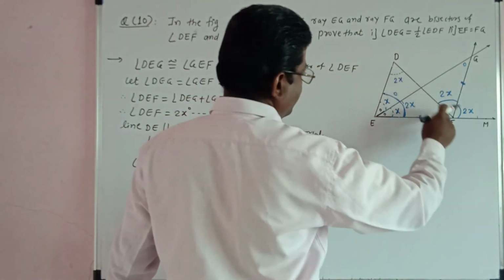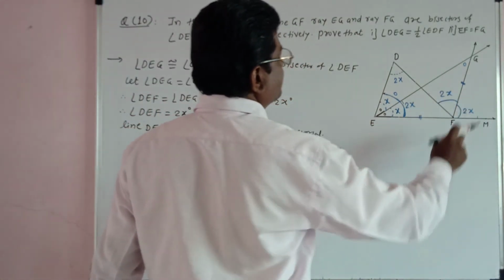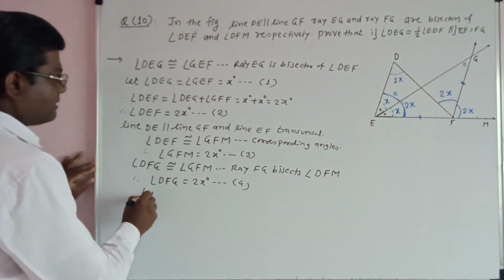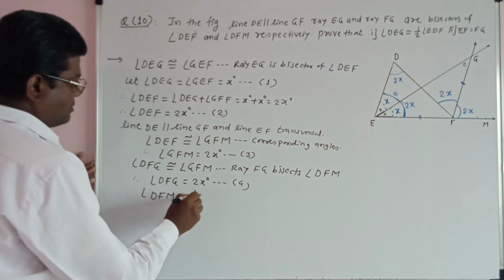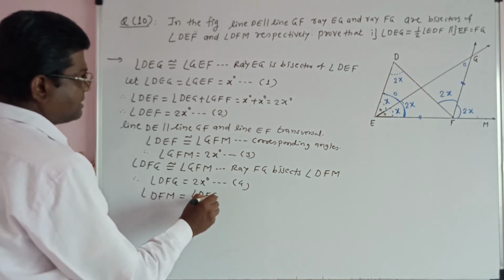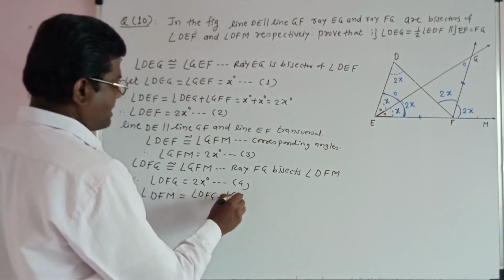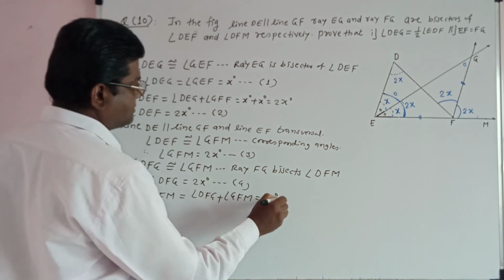Now the whole angle DFM is equal to 2x plus 2x, that is 4x degree. Now angle DFM is equal to angle DFG plus angle GFM, which is 2x plus 2x.